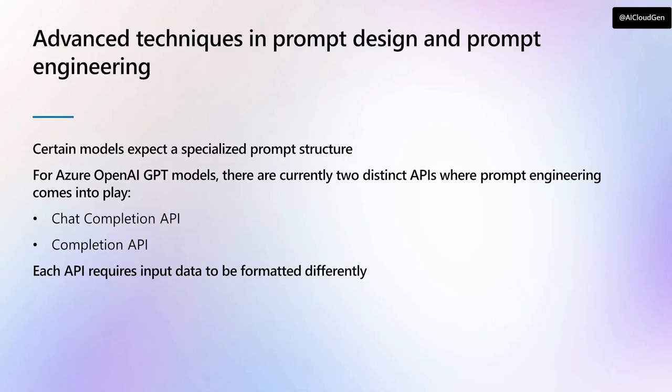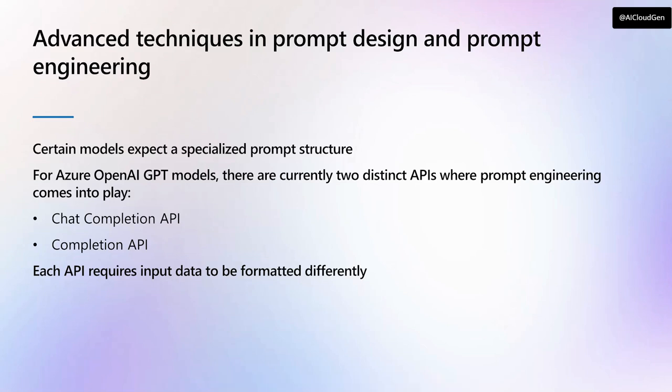But when it comes to normal GPT-3 models, where you can ask a question and it will provide you a response. So while we have the principles of prompt engineering that can be generalized across different model types, there are two distinct APIs where prompt engineering comes into play: the chat completion API and the completion API.